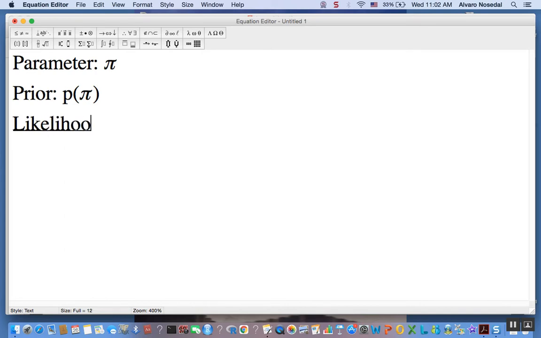Then we have the likelihood function, which could be thought of as a conditional probability, the probability of observing our data given a particular value of the parameter pi. And in this case, we are going to have data that could be modeled using a binomial.